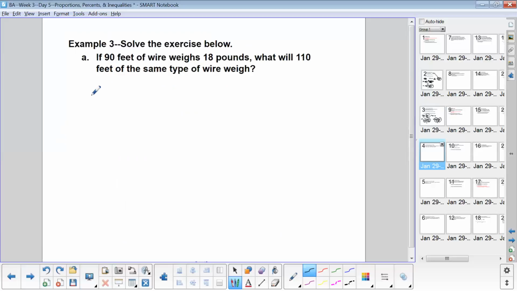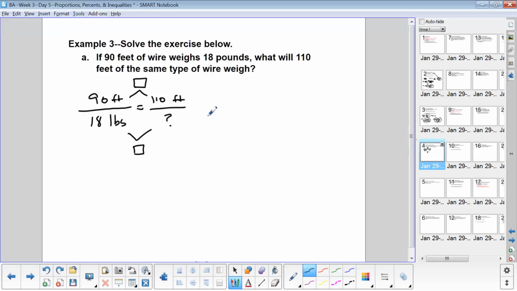This one says that there's 90 feet of wire, and 90 feet of wire will weigh approximately 18 pounds. So it's asking, how much will 110 feet of wire weigh? Okay, so the multiplying isn't as simple as the couple slides before, but we do know that if we multiplied 90 times something to get 110, then we can multiply 18 by that as well.